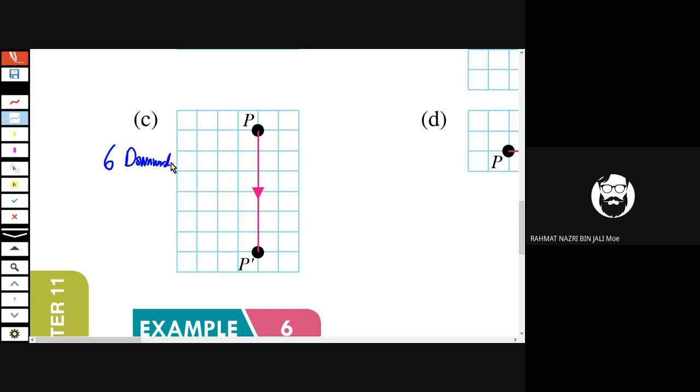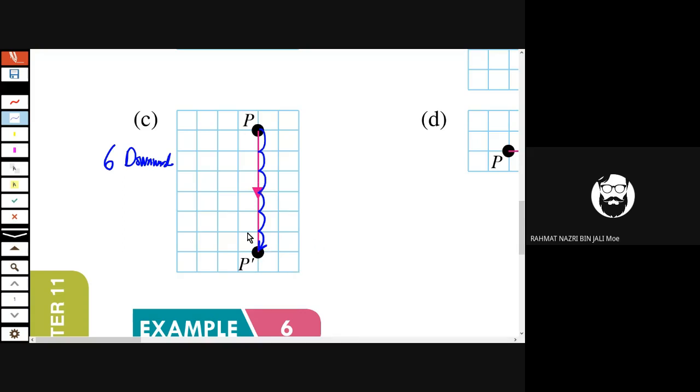Okay, dia tidak mention to the left or right. Dia cuma mention dia bergerak ke bawah sebanyak 6 unit. So we move this point downward 6 boxes, 1, 2, 3, 4, 5, and 6.